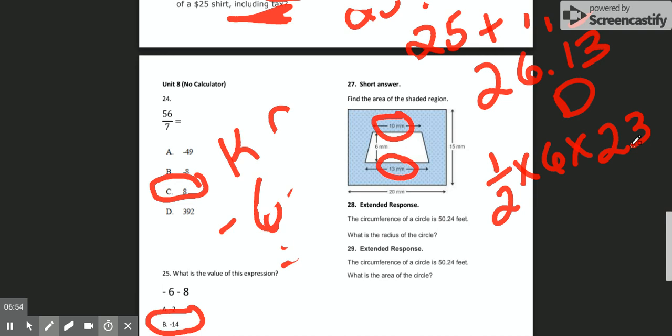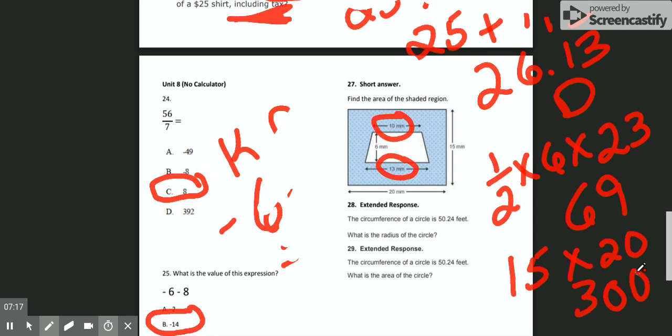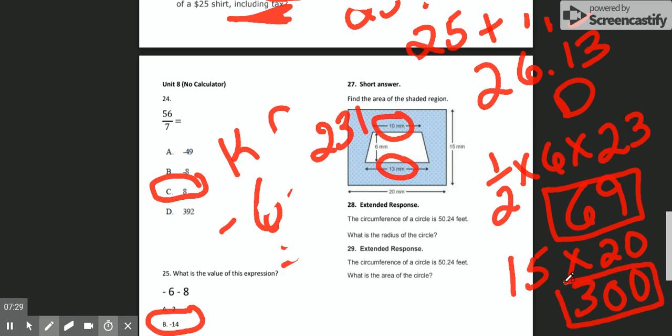So get a calculator. 0.5 times 6 times 23 is 69. And then I find the other shape, and it's a rectangle, so I take 15 times 20. And I get 300. And then I subtract those two. So 300 minus 69, and I would get 231, because I have to subtract these two shapes to get the shaded region.